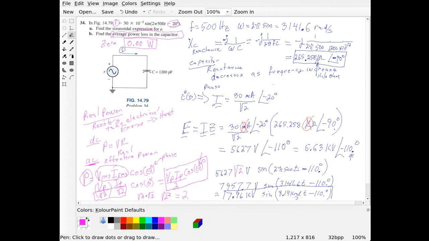So when I say that inductors have no average power loss, I'm talking about the ideal inductor, and I'm ignoring the resistance in the circuit. So inductors do heat up because they have all that resistance inside of all that copper wire. They convert electrical energy into thermal energy, but it's the resistance inside of the wire that's doing that. It's not the inductive property of the inductor. It's the resistive property of the copper wire we use to build it.